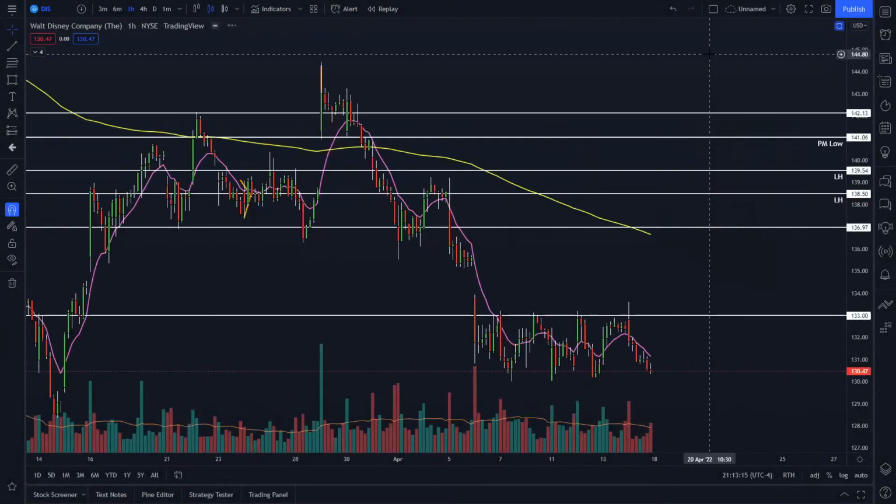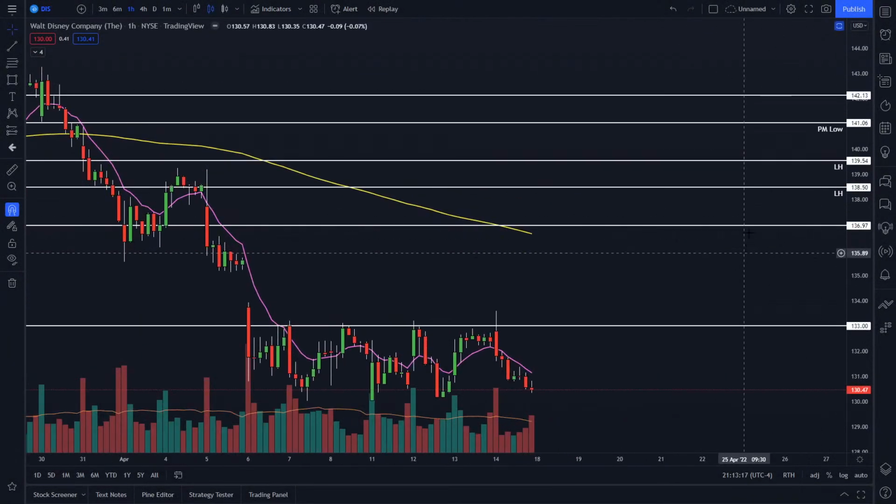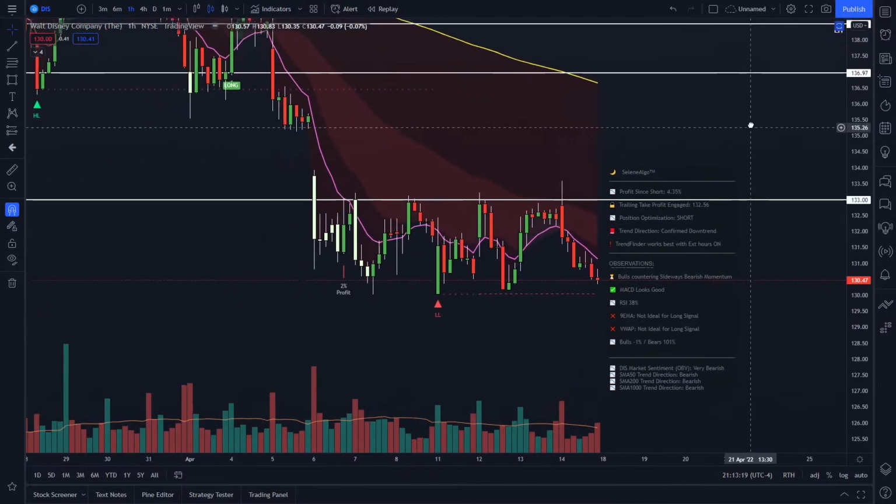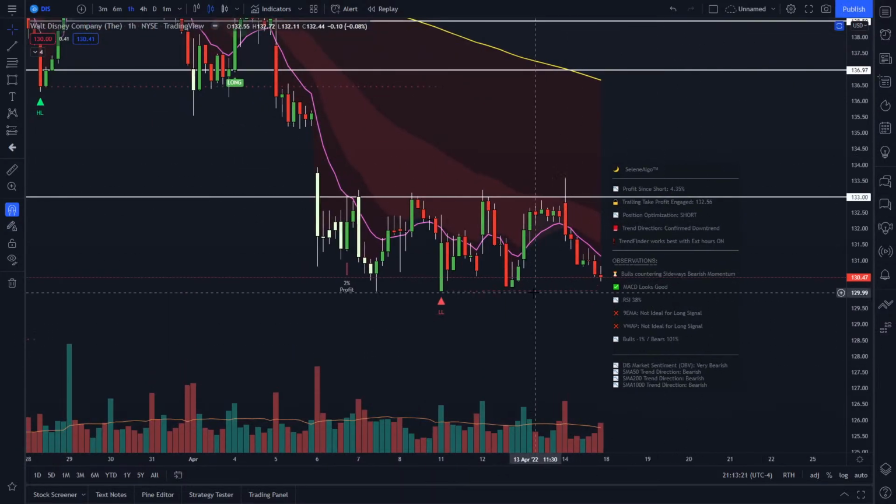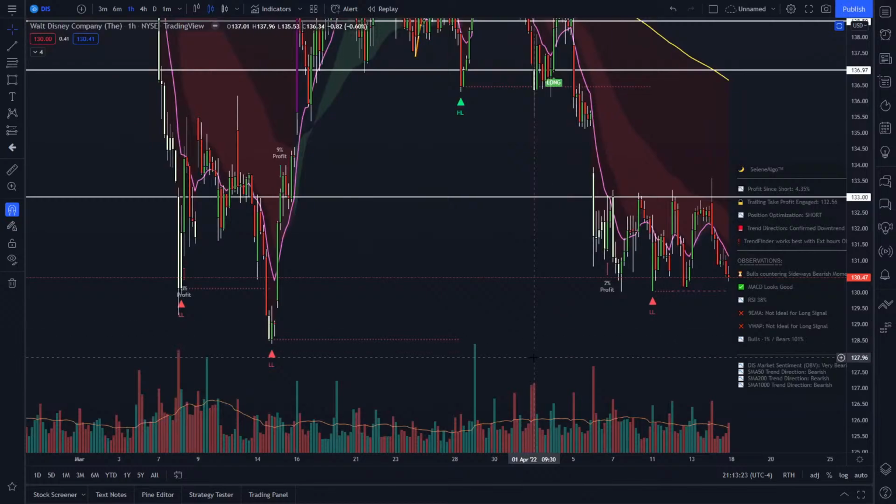I'll be watching Disney tomorrow as well with some of my friends. We're going to be watching Disney break 130 to take it back towards 128. This range right here.